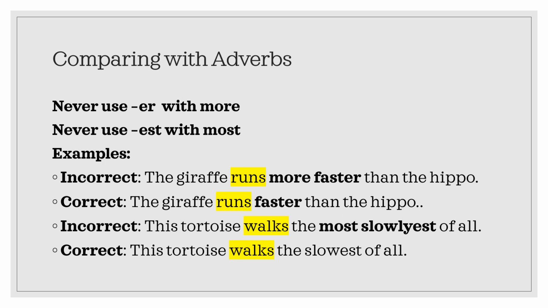So the way this one should go is the tortoise walks the slowest of all. This one just needs an EST. Remember, if it was the tortoise walks slowly, we could say the tortoise walks more slowly than another animal. I don't know what animal that would be, but tortoises are pretty slow. But in this case, you don't put everything in one sentence.